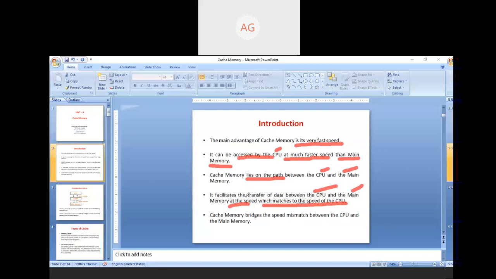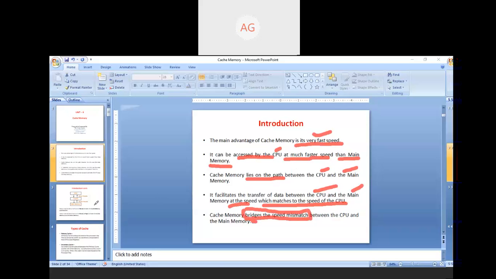The next point is cache memory bridges the speed mismatch between the CPU and the main memory. So all these points relate to the fact that the cache memory is of very fast speed, lies between the main memory and the CPU, and bridges the speed mismatch between them. So these are the characteristics of the cache memory.